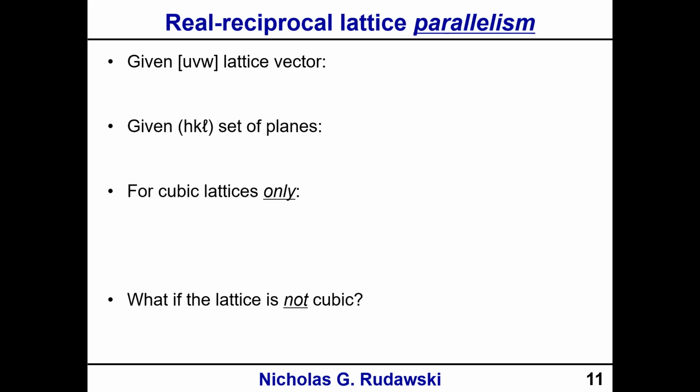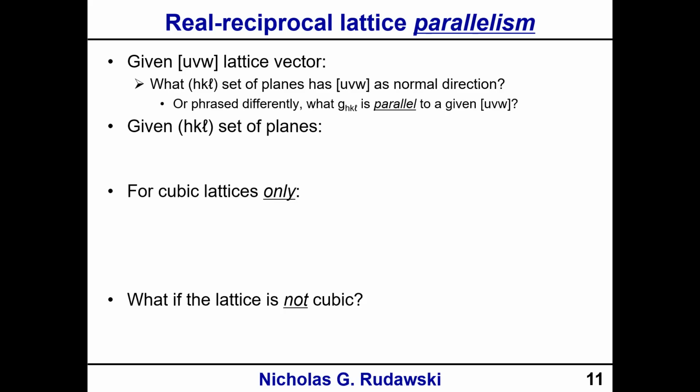Okay, so now one of the things we saw with the cubic lattice is that we have this nice parallelism between real space and reciprocal space. That's not always going to be the case. So one of the things we have to answer, especially when we're indexing non-cubic crystals, is: if we have a given lattice vector, what set of planes has that lattice vector as a normal direction?